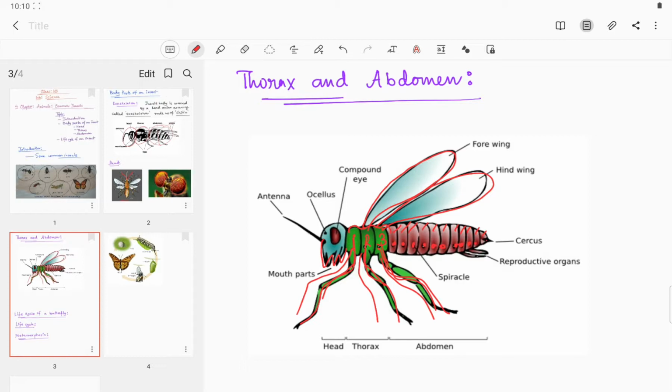They can breathe through these spiracles. So the abdomen also contains specialized organs like stingers. Okay.